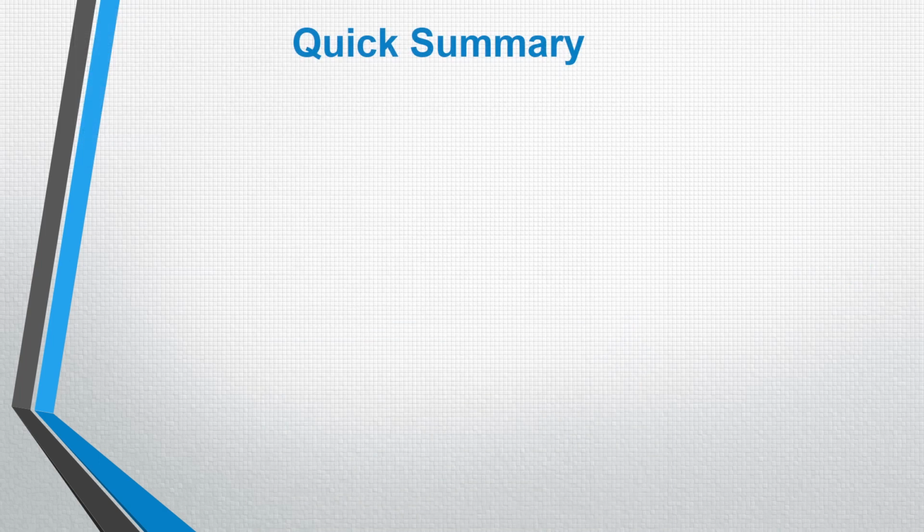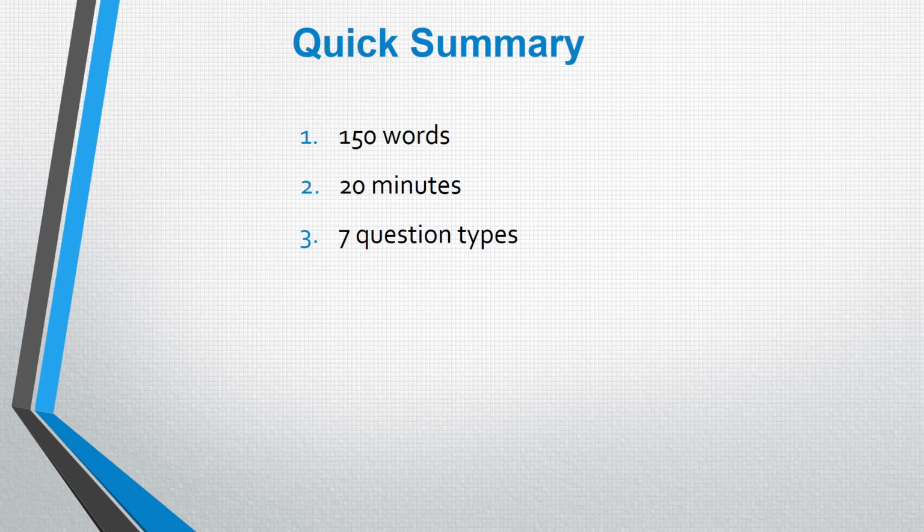That concludes our introduction to IELTS Writing Task 1. So just to quickly summarize, you're required to write 150 words or more. You're recommended to spend around 20 minutes on the task. There are 7 different question types that you may face. They're the ones we've just gone through. They will all have an opening statement sentence.